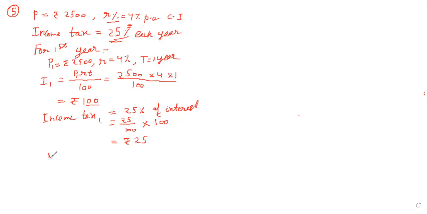Then we have to find the net interest. How will you find net interest? By subtracting income tax from the interest. After deducting from the income, 25 goes to the account of the government, and we get only rupees 75 as the interest.